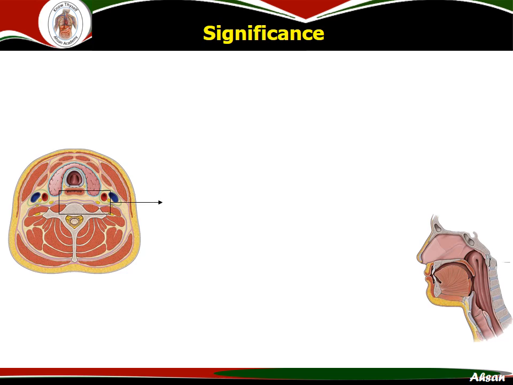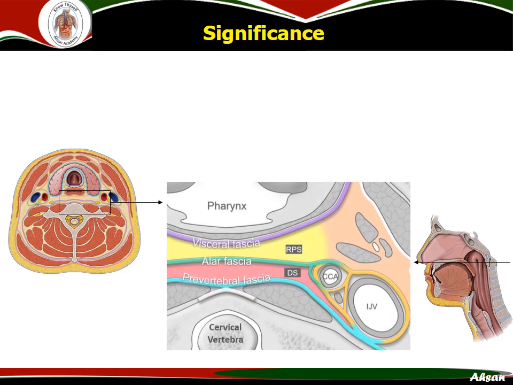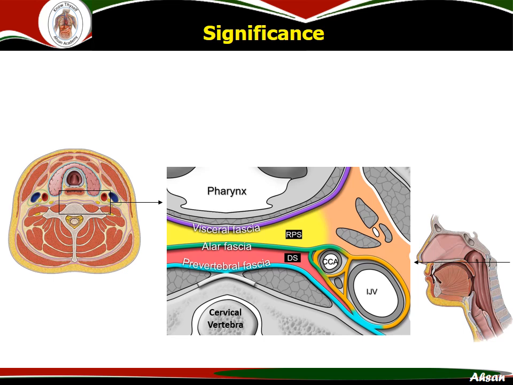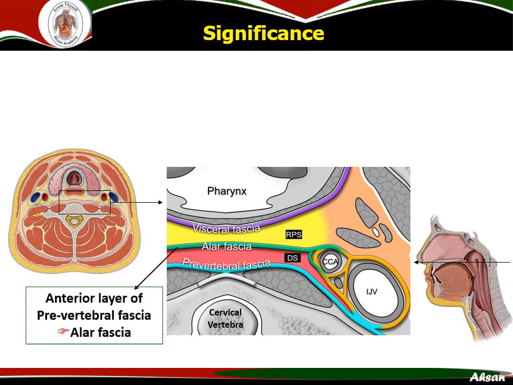I'm taking photographs of this, enlarging the square area. You can see the different fasciae. This is the anterior layer of the prevertebral fascia, also known as the alar fascia, and the one behind is the prevertebral fascia proper. Anterior to it is the buccopharyngeal layer.